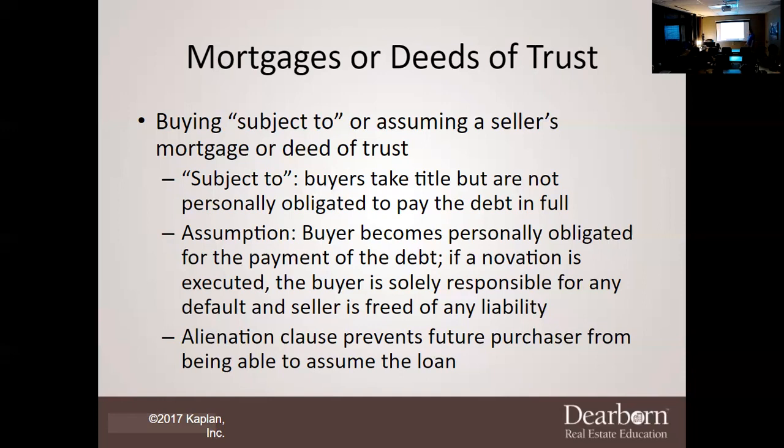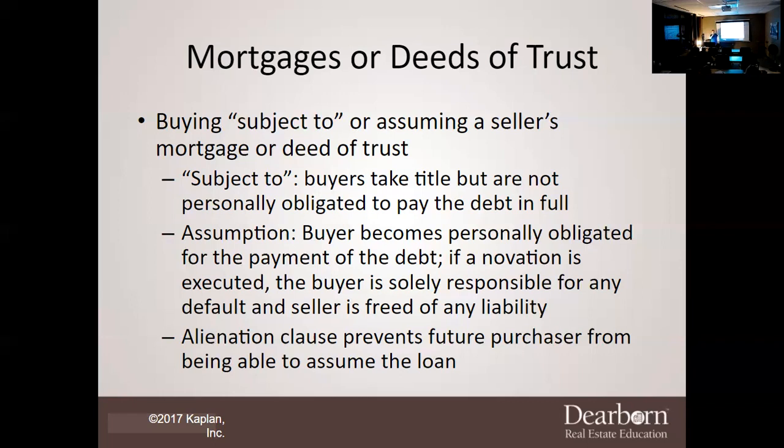Okay? Now, an alienation clause is going to prevent the future purchaser from being able to assume it, though. So if your note has an alienation clause, it's going to prevent any future person from being able to assume that one. So when I look at a mortgage or a promissory note and I go through the documents and I see an alienation clause, that tells me this note cannot be assumed.